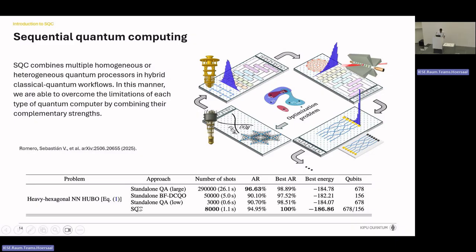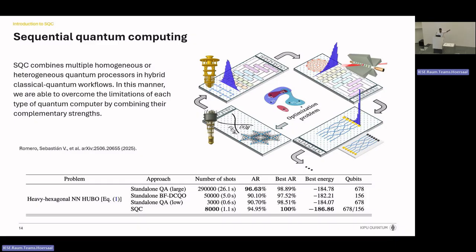And then we combined both approaches. That's what we call SQC here, sequential quantum computing. Even with a reduced number of shots, just 8,000 shots, we were able to get the optimal solution with this combined approach. The reason is that quantum annealers can be used like a warm starter. They can sample very fast, and they can tackle even problem sizes of 4,000, but you may not get a very good solution from them.